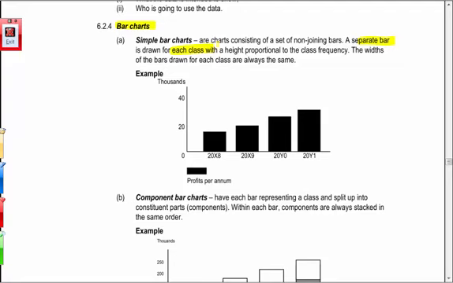The widths then of the bars drawn are always the same, so there's no dominance on one particular period. And you can see here then in the example that this chart is very useful at showing the increased trend in the profits year on year.